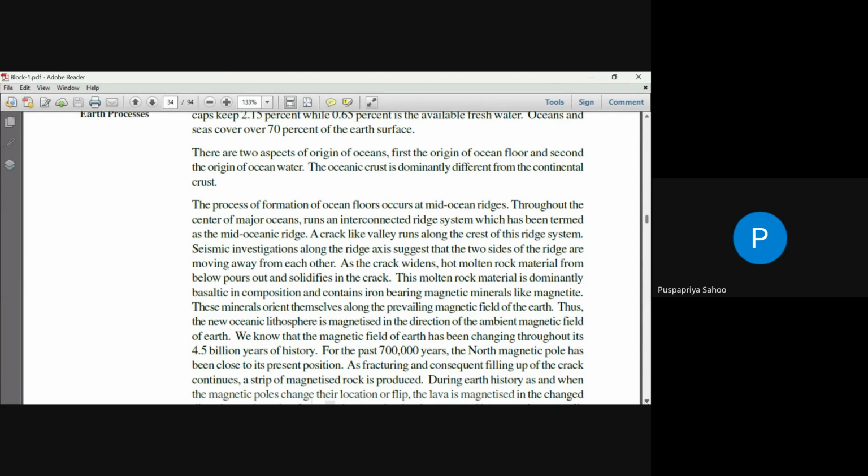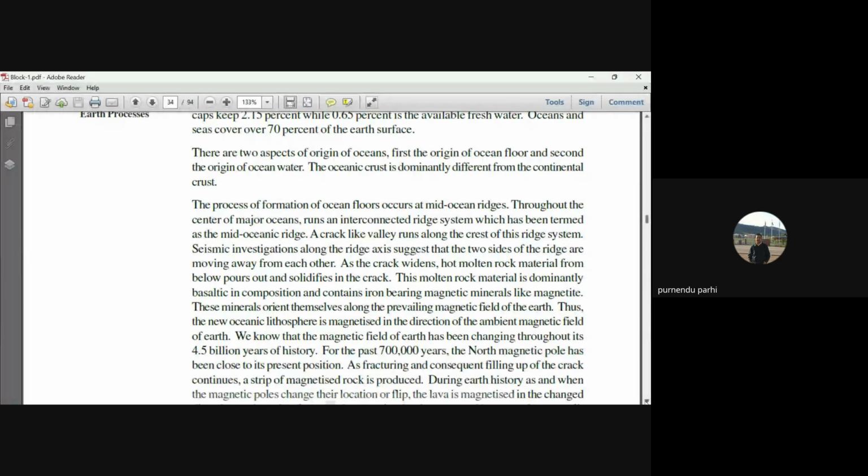A crack-like valley runs along the crest of this ridge system. Seismic investigation along the ridge axis suggests that the two sides of the ridge are moving away from each other. As the crack widens, hot molten rock material from below pours out and solidifies into the crack.